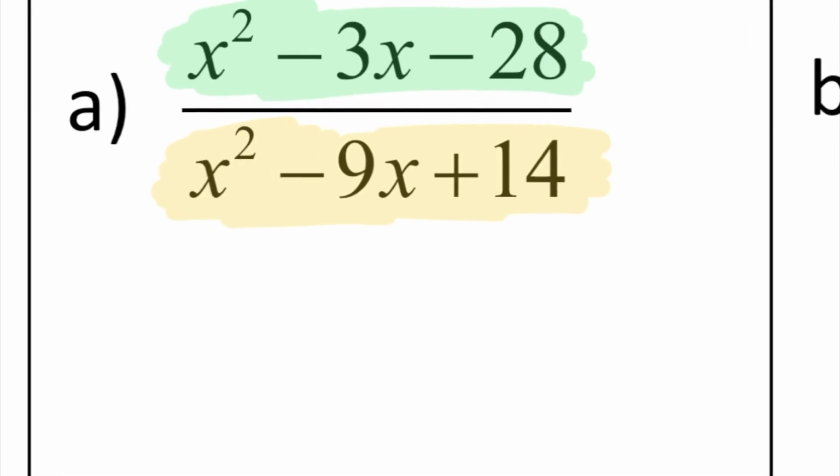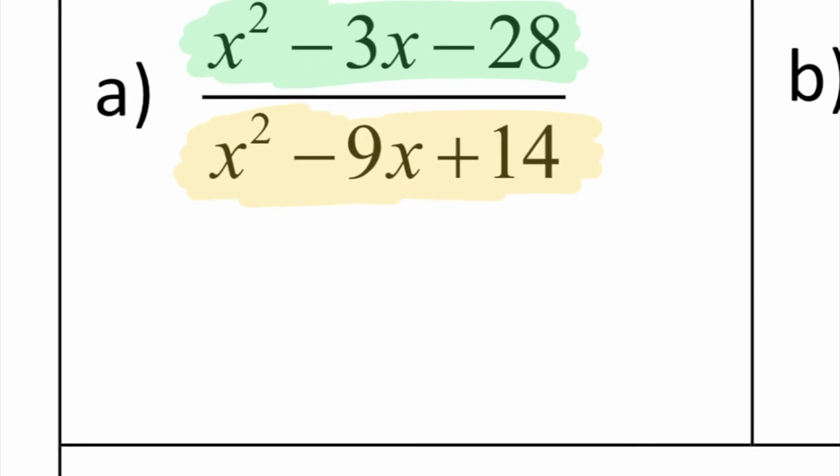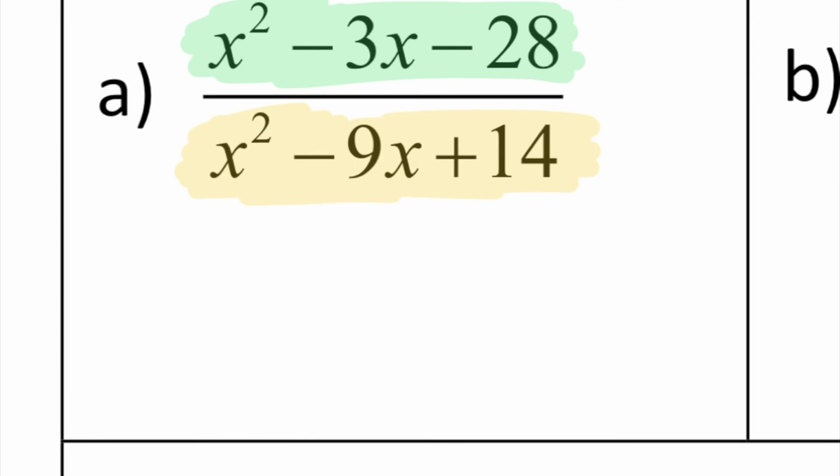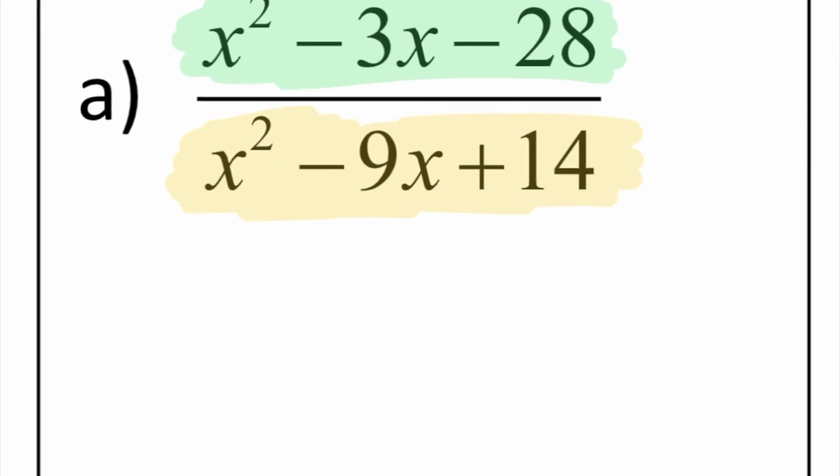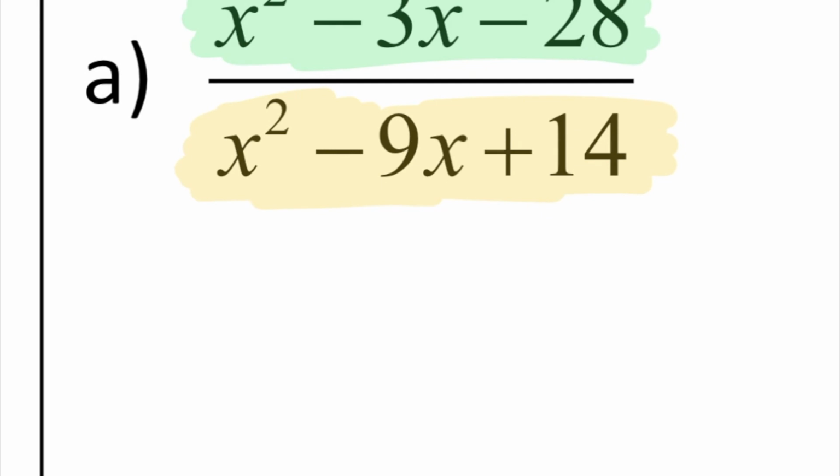And so we're going to factor the numerator and denominator. And so this is one of those places where I'm going to say to you, pause the video and scratch out real quick what the factors of the numerator and denominator are. And then come back and I will talk you through how this would look when you're simplifying it.